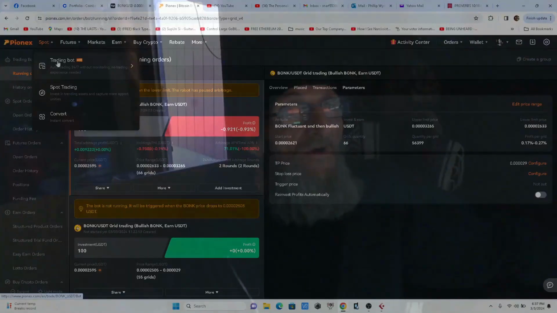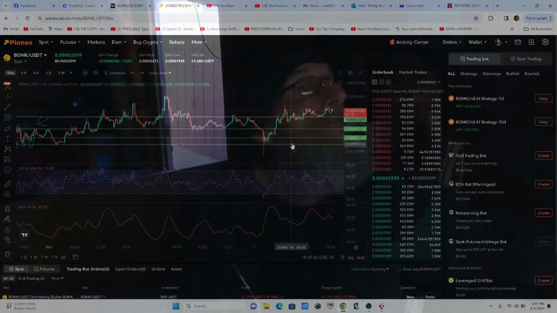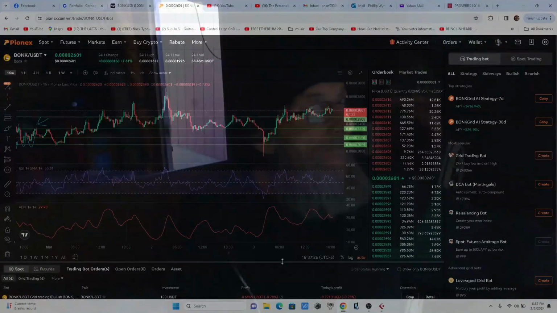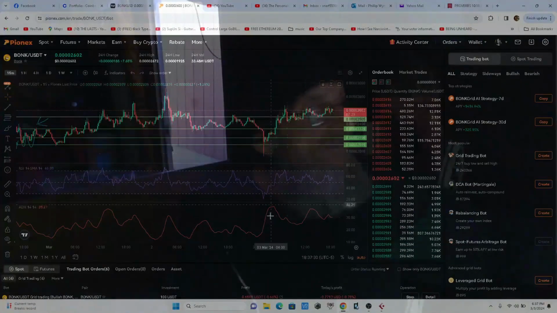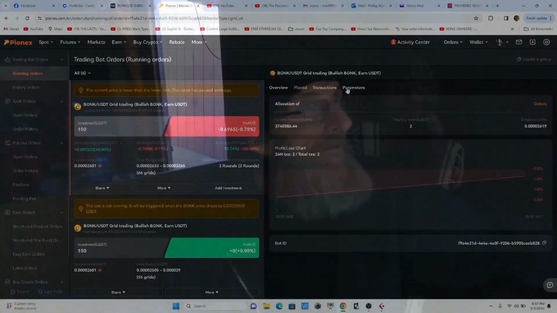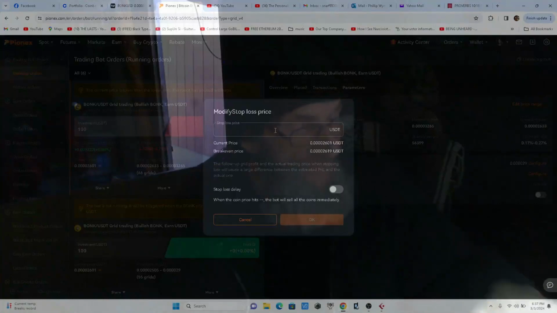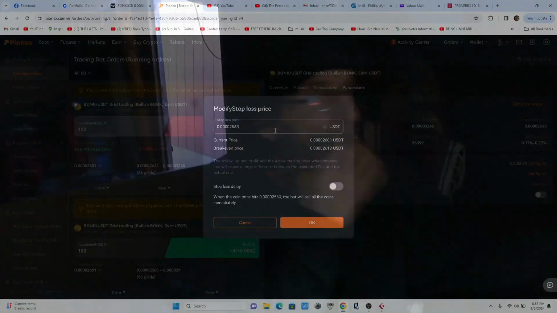All we can do is we'll set our stop loss at 25.63. Parameters, stop loss, 25.63.